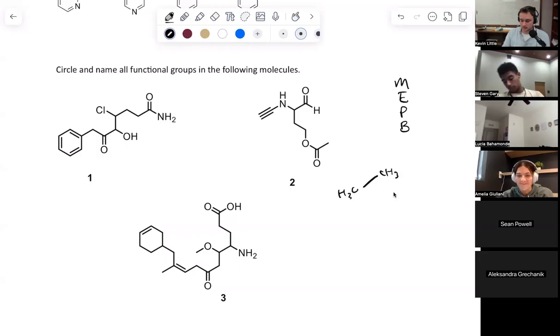Okay. So that's ethane, right? What do I call this group? Ethyl, right? There are two different names for kind of the same thing, but it depends on if it's the main thing or if it's a side thing, right?